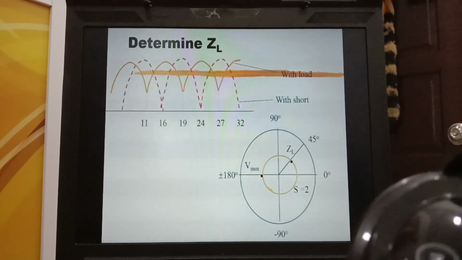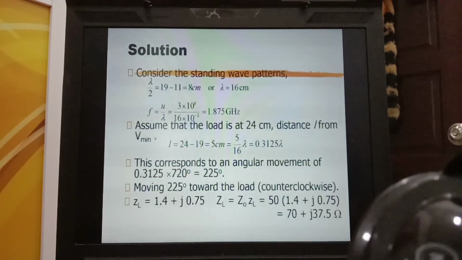You'll find that value is 0.75. So that gives us a normalized impedance of 1.4 plus j0.75. That's the normalized impedance of the unknown load.